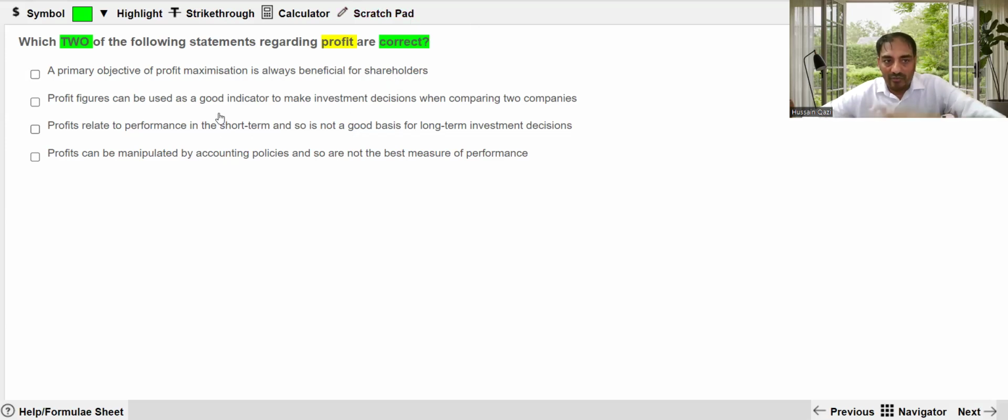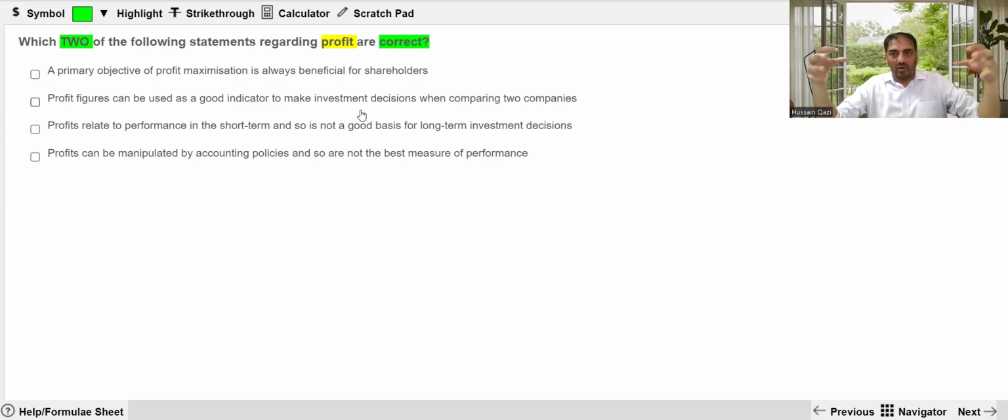Number 2, profit figures can be used as a good indicator for investment decisions. For investment decisions, profit is not the only point. For example, you want to decide to invest in one of two companies. Company A has a profit of 12,000, company B has a profit of 10,000. So far the information is only 12,000 profit and 10,000 profit.